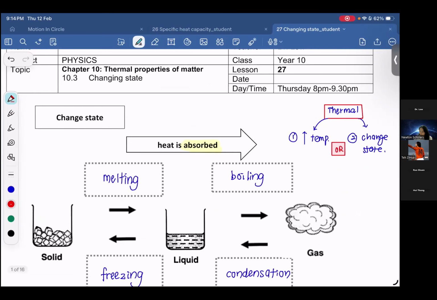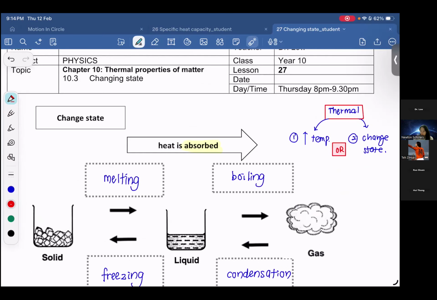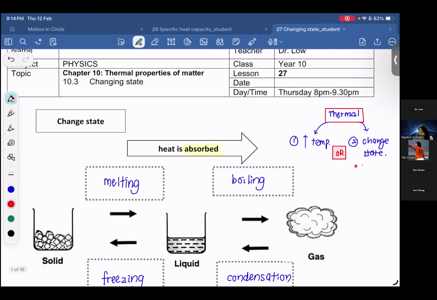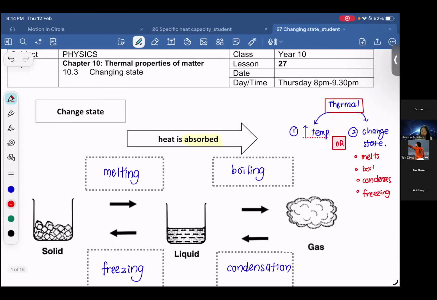Come back to here. You see, I told you, either increase temperature or change the state. When changing the state, you need to identify some keywords from the questions. When you see the keywords melts, boils, condense, or freezing, all of these mean they are changing the phase. If they change the phase, one very important thing to know is that their temperature is constant.